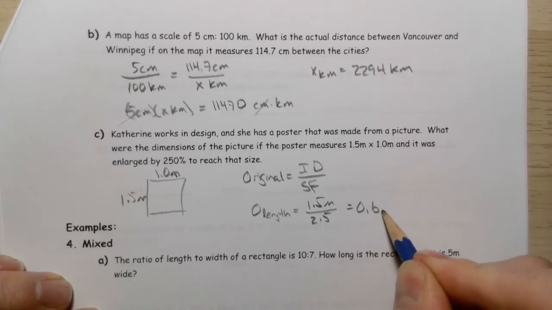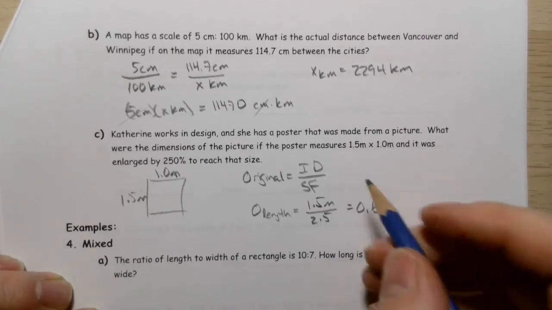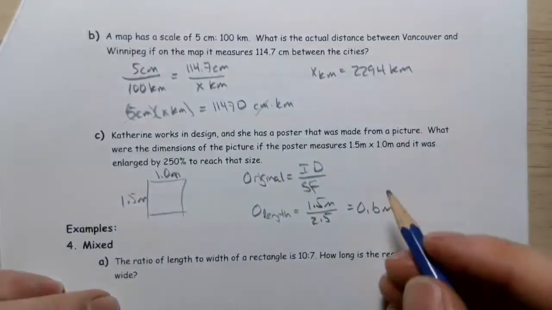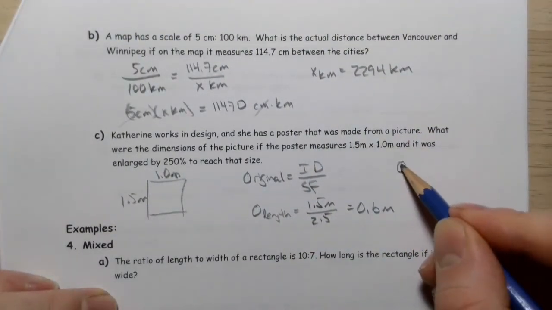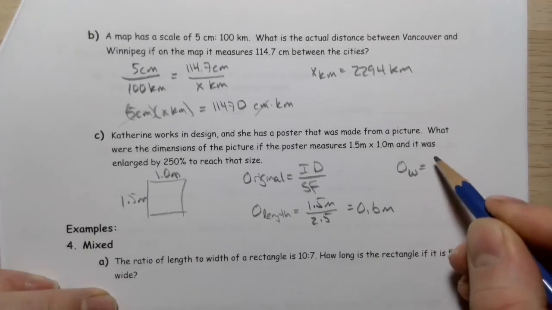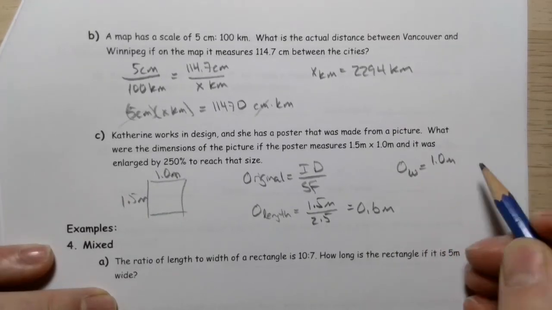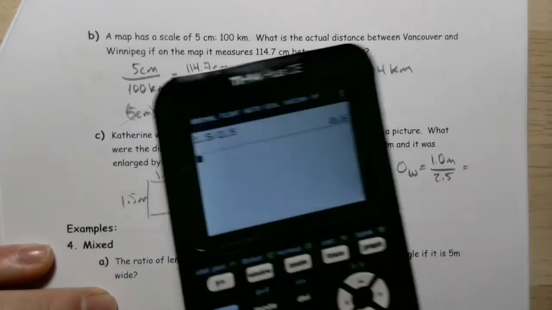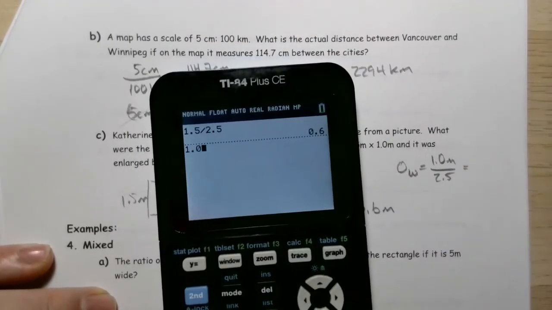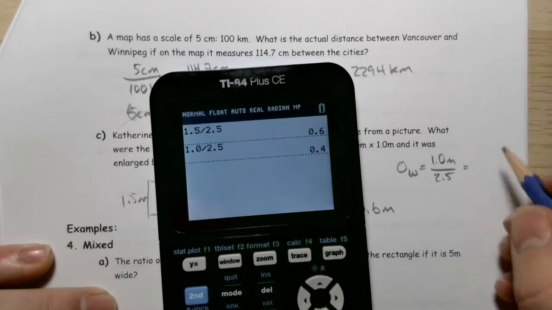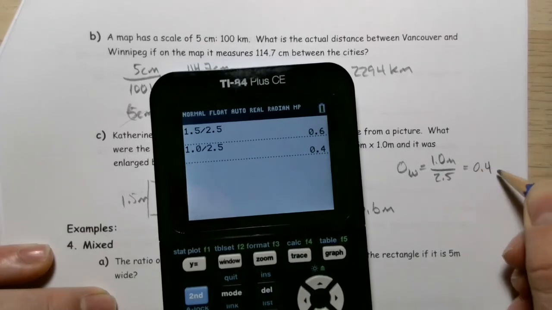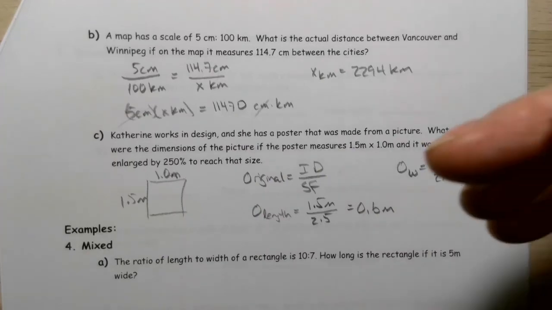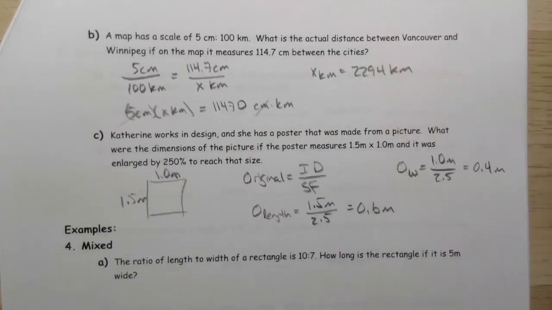So 0.6 meters. Now if I go and do the original width, that's going to be 1.0 meters divided by my scale factor, 2.5. And so 1.0 divided by 2.5, and I get 0.4 meters. Okay, so that's how we would go backwards to the original length here.